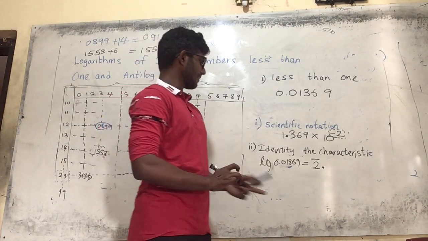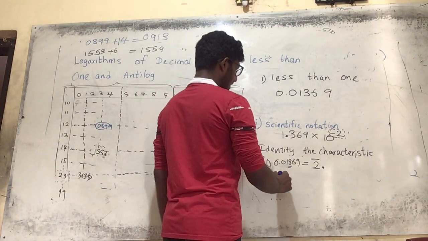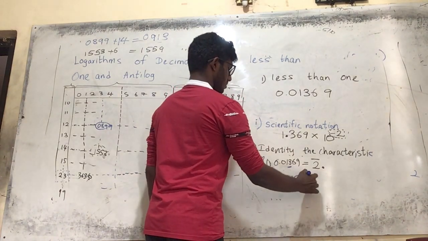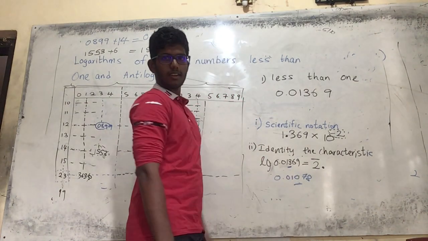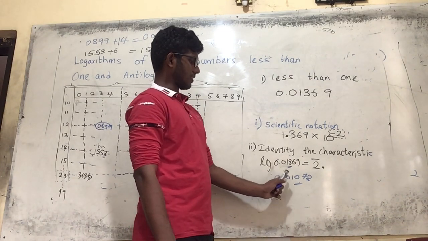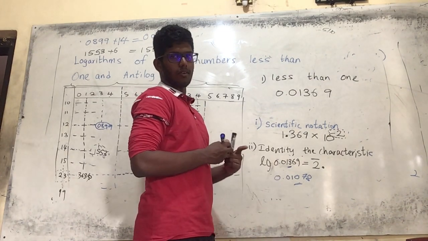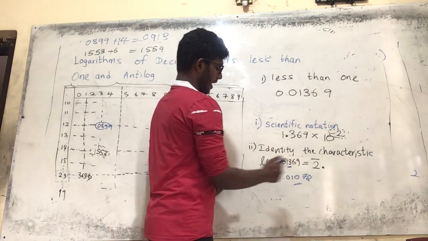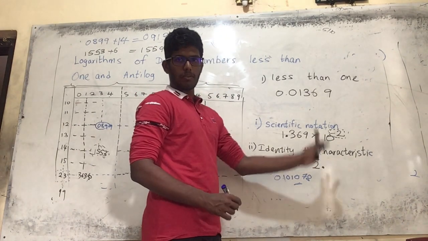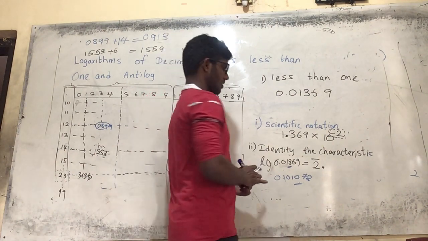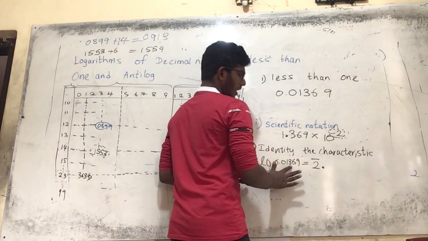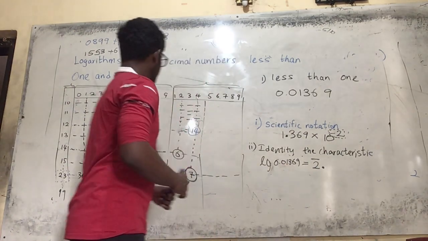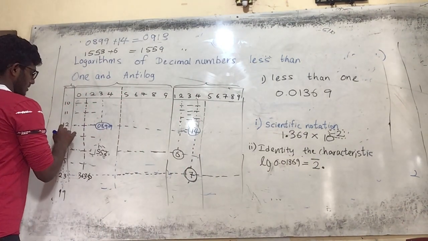So 13, now you can have a number like this, so here it is 10. The first row of zeros you have to avoid. As long as you have at least one number, from that point you have to start. So now, other than 0. So 13, that is the row.